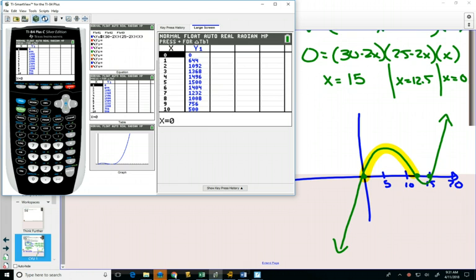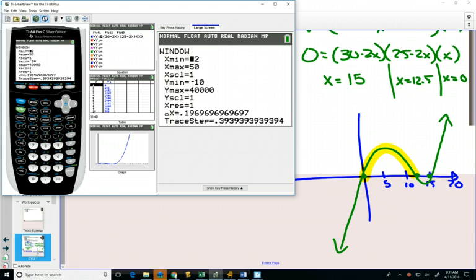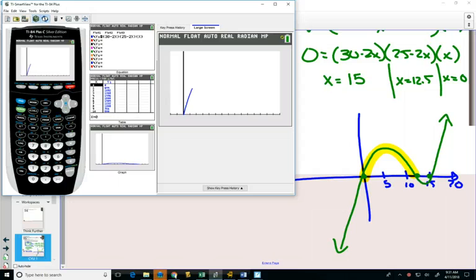And that's the biggest it gets. So I'm going to go to my window. I'm going to change things here. I don't need to go up to 50. Maybe I'll just go up to 15. And it goes up to 1500. I don't know for sure if that's the max, so I'll go up to 2000. And I'll see if the graph does a nice curve like what we sketched by hand.